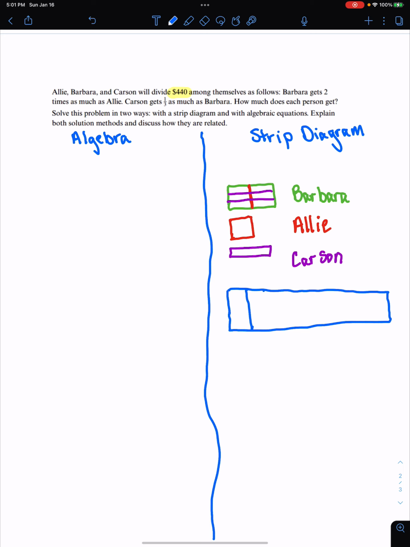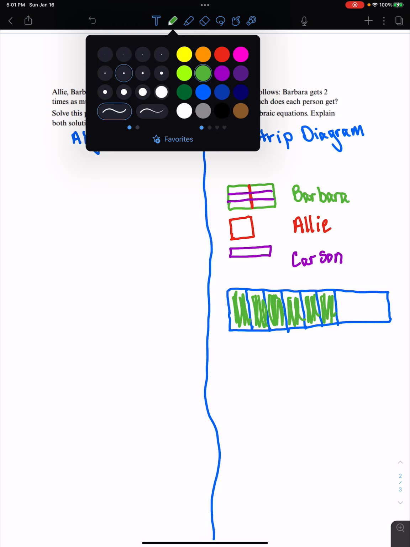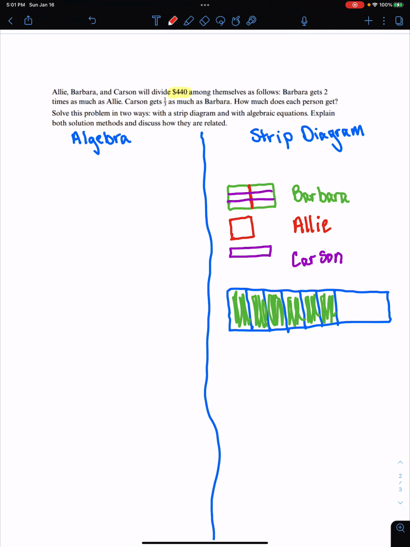So I'm going to show 6 pieces that belong to Barbara. So I'm going to color them in green. Barbara gets 6 pieces of this $440. So since Barbara gets 2 times as much as Allie, now Allie gets 3 pieces. Oops, we're going to have to add on to this to show Carson.